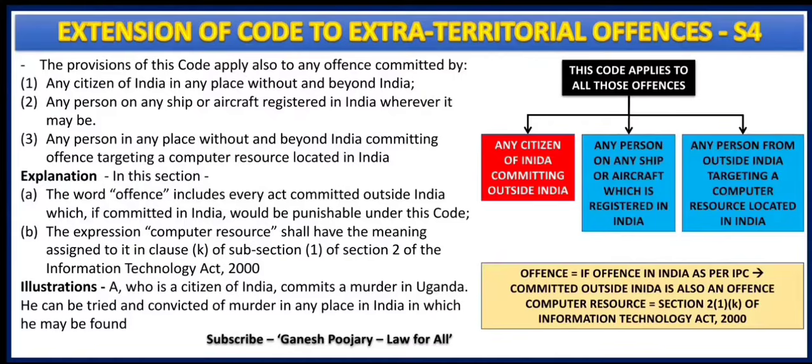Subsection 2, any person on any ship or aircraft registered in India wherever it may be. And subsection 3, any person in any place without and beyond India committing an offense targeting a computer resource located in India.